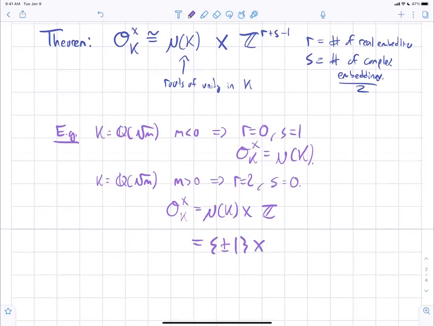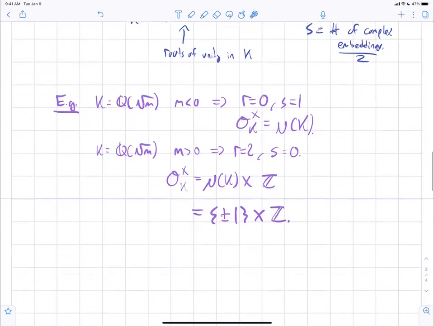The terminology of a field living inside the real numbers is going to become confusing; it's a field that can be embedded in the real numbers. Its roots of unity are contained in the roots of unity of the real numbers, which is plus or minus 1. Okay, so this is the structure of a real quadratic field.